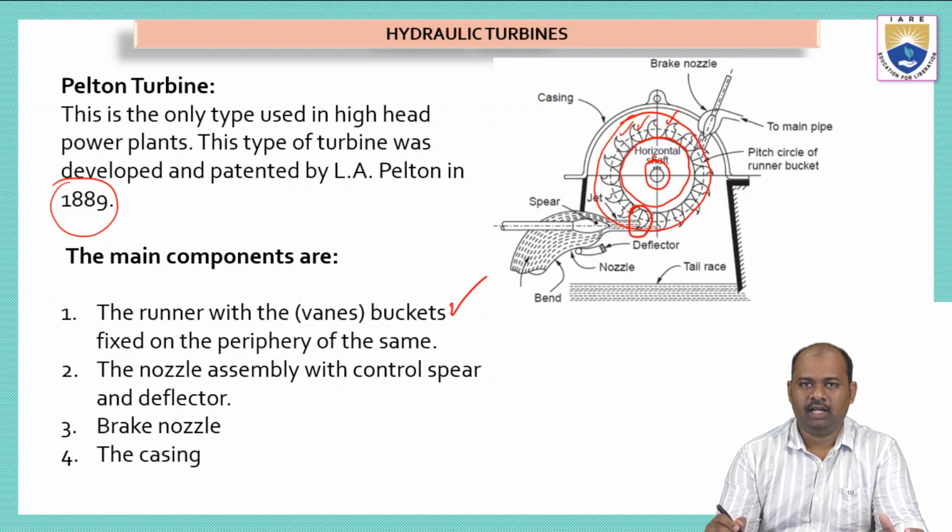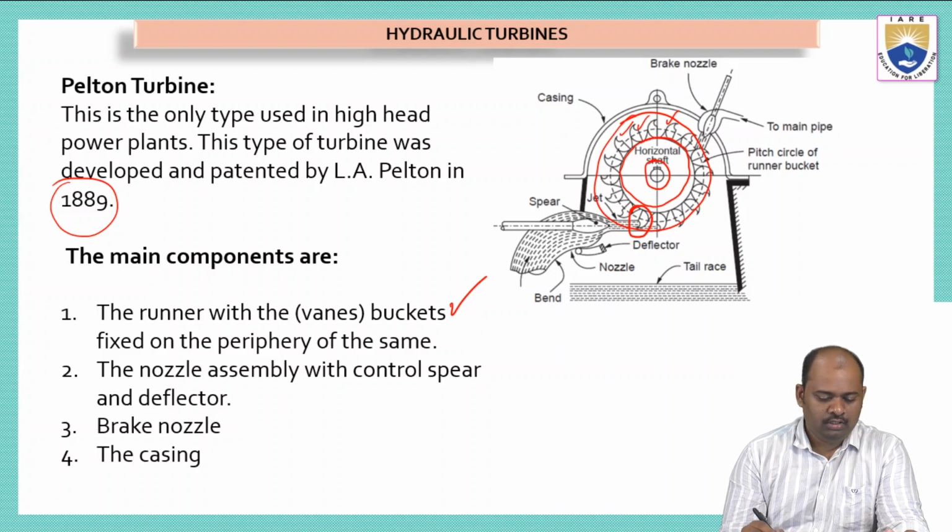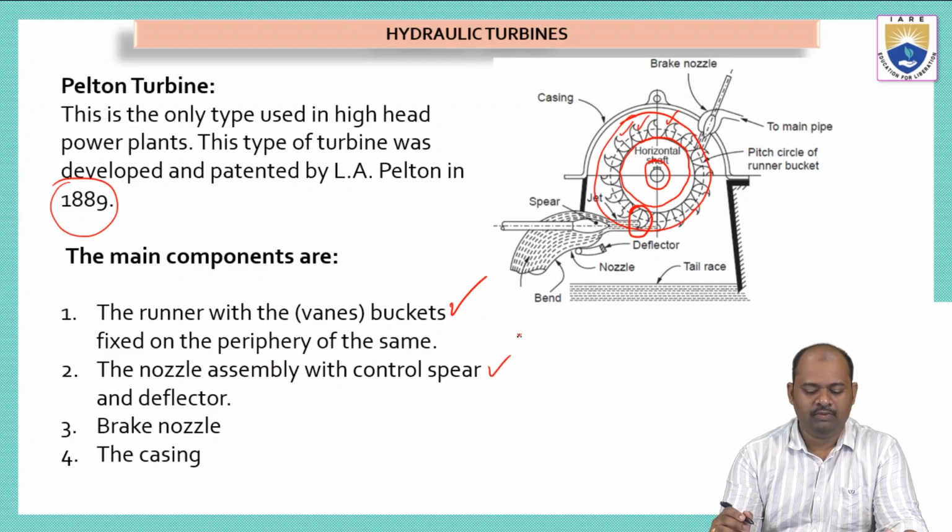This shaft will also rotate along with the runner. The turbine shaft is connected to a generator shaft, which makes the generator rotate and produce electricity. Now, the second part is the nozzle assembly with control spear and deflector.